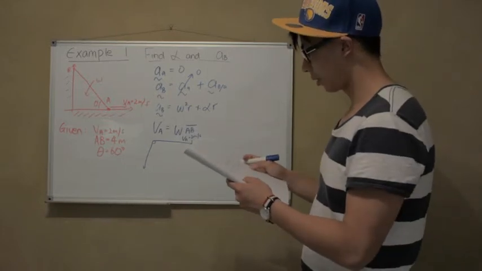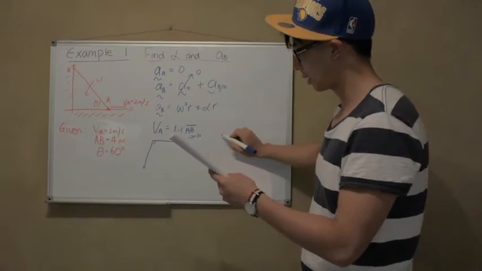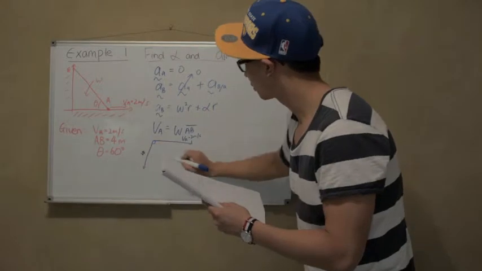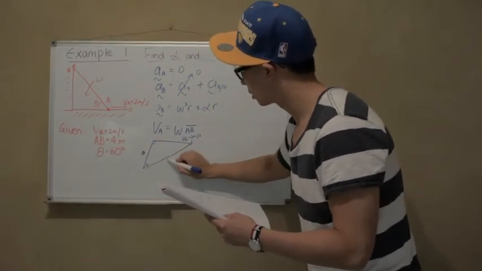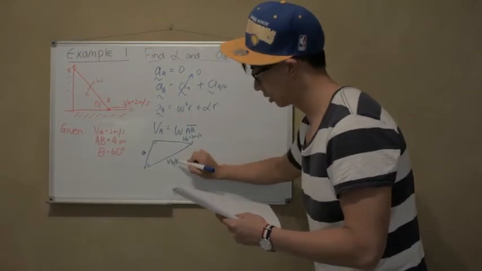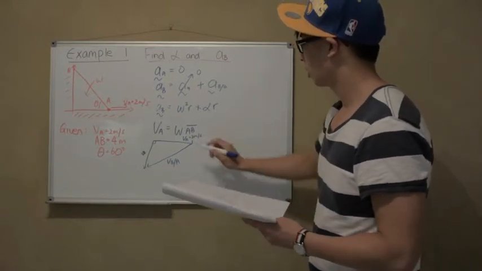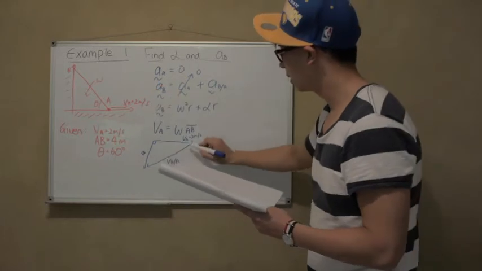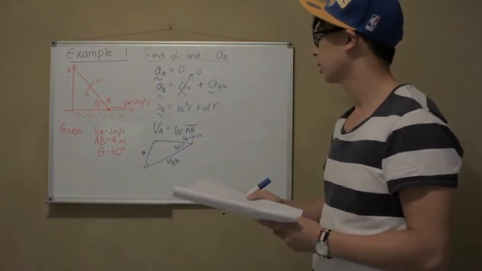And we also know, if we draw it up, that the velocity of B with respect to A goes in this direction. So V of B with respect to A. We also know from our diagram above that this angle is 30 degrees.